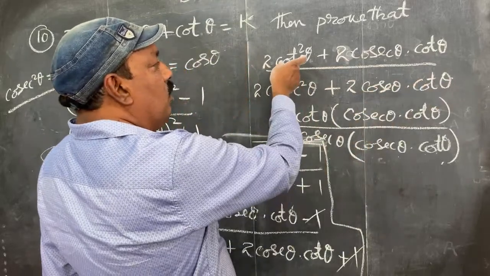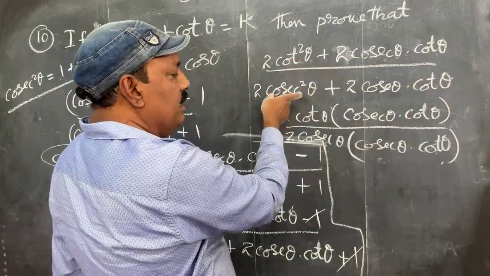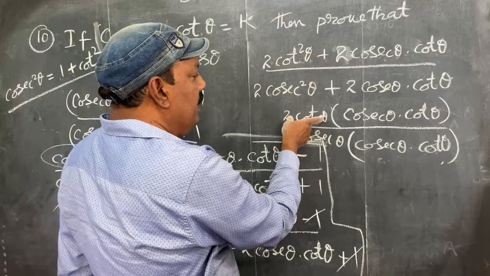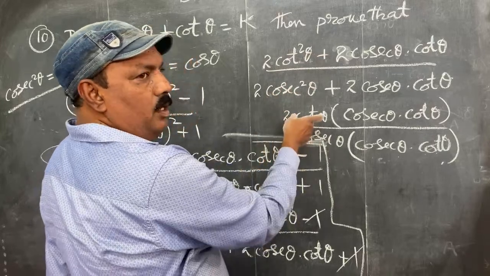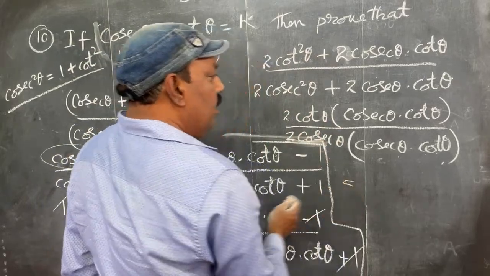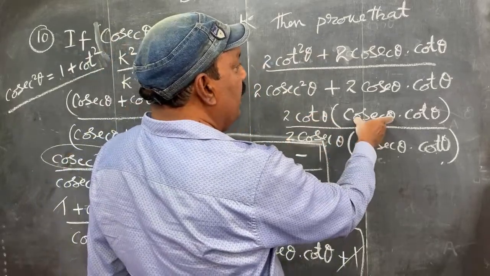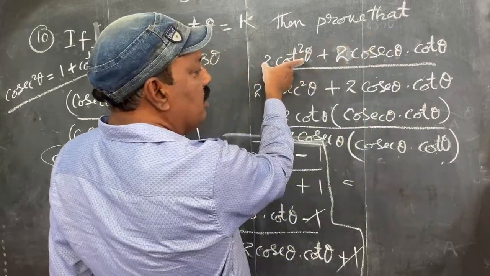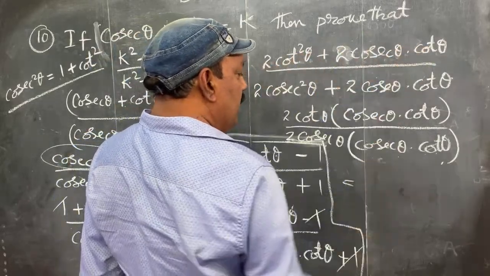In this cot theta is repeated, here cosecant theta is repeated. So 2 cot theta I am taking as common, and down 2 cosecant theta I am taking as common. So here 2 cot theta into the bracket, cot theta plus cosecant theta, and 2 cosecant theta into the bracket, cosecant theta plus cot theta.